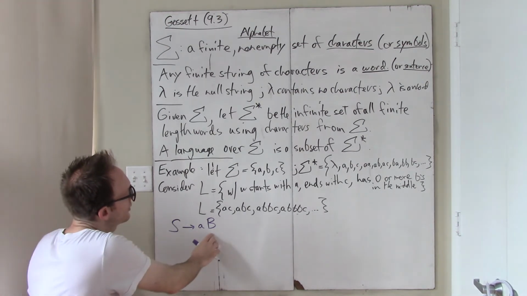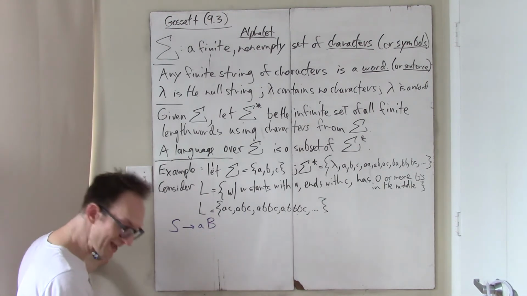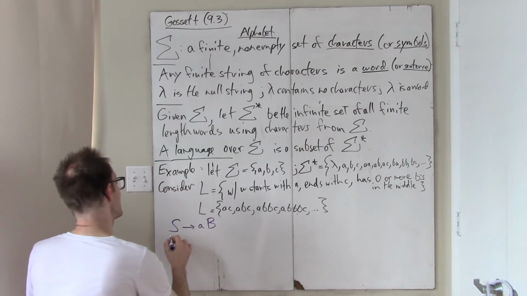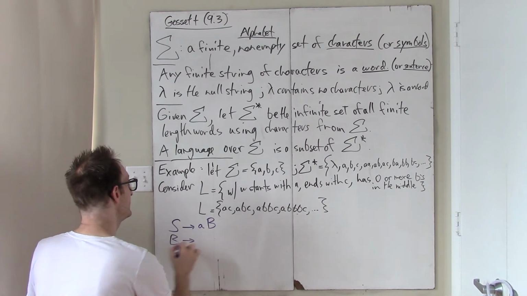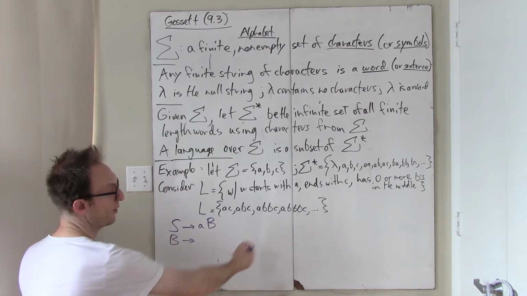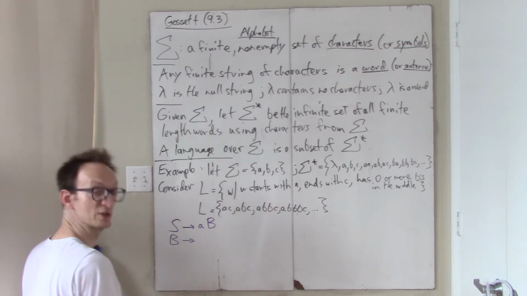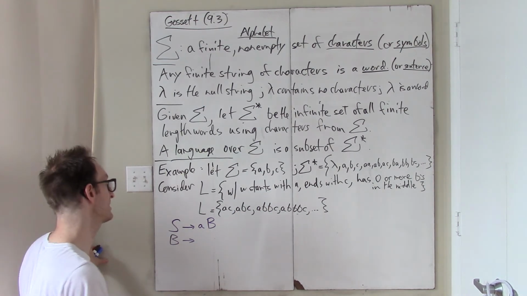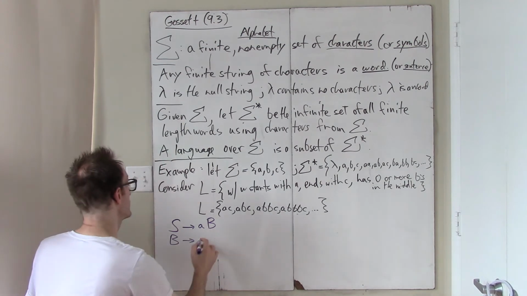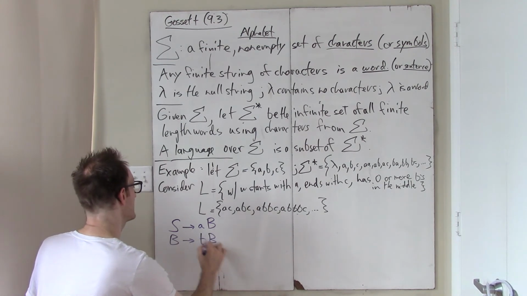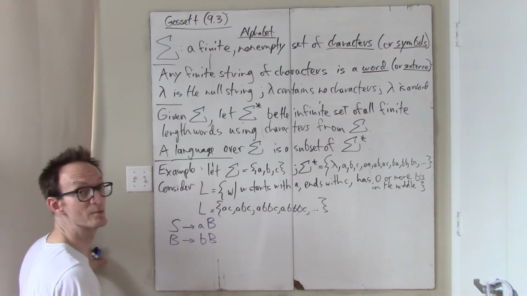Let's think of it as, I'm about to make some B's now. And then it can be replaced with, well, you want your grammar to be powerful enough to generate strings with an arbitrary number of B's in the middle. So you want to be able to make some B's and then go back to the business of making more B's.